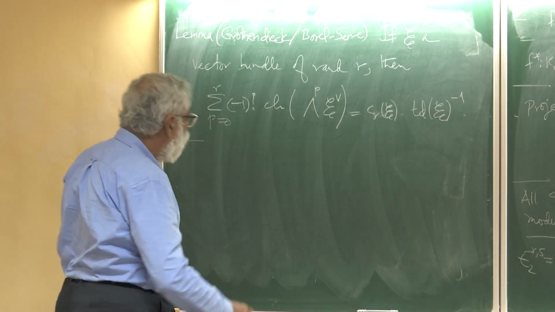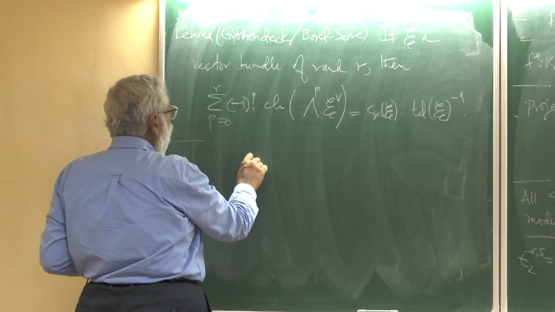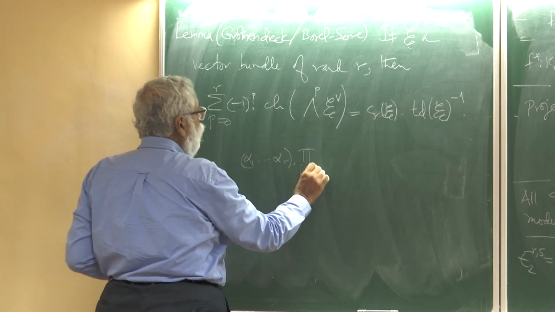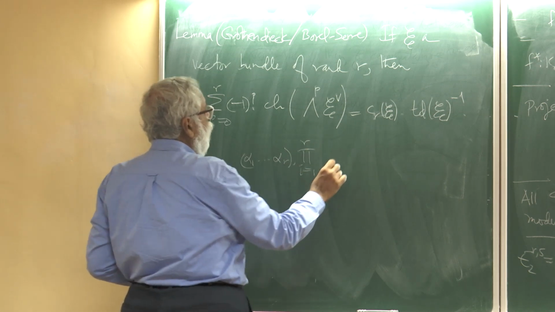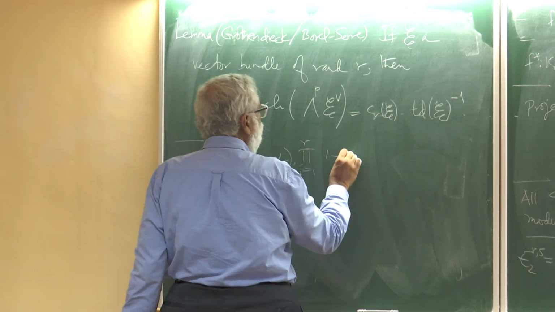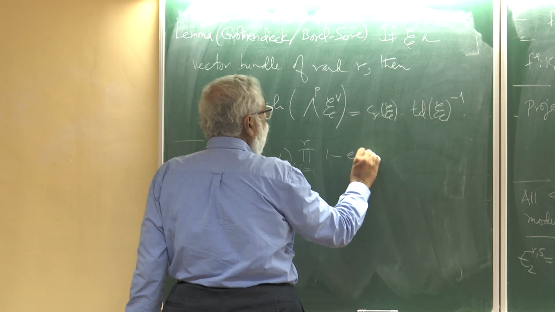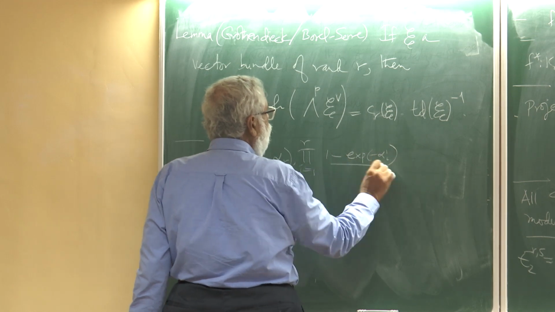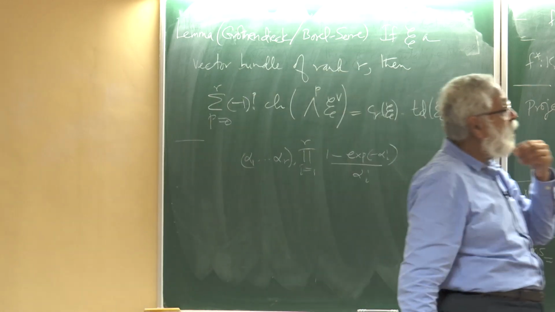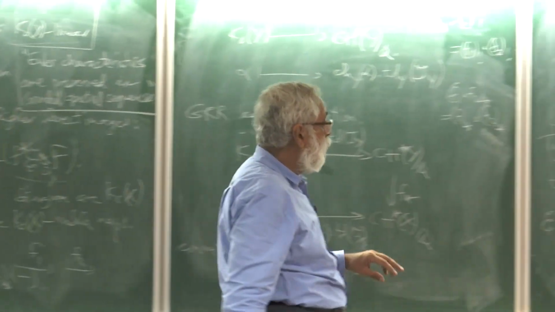In terms of the Chern roots, if I compute the left side, I got the following expression: alpha 1 through alpha r times the product, i equals 1 to r, of 1 minus e to the minus alpha i divided by alpha i. This is just the reciprocal of whatever was coming in the definition.